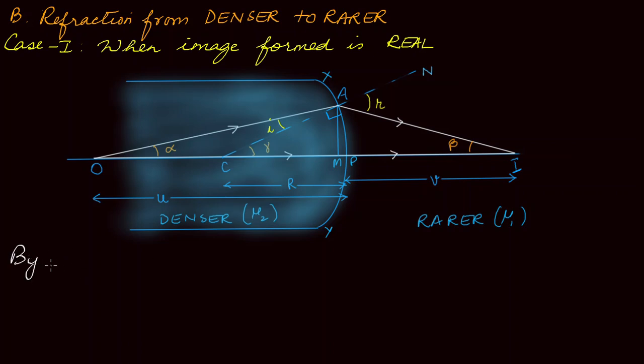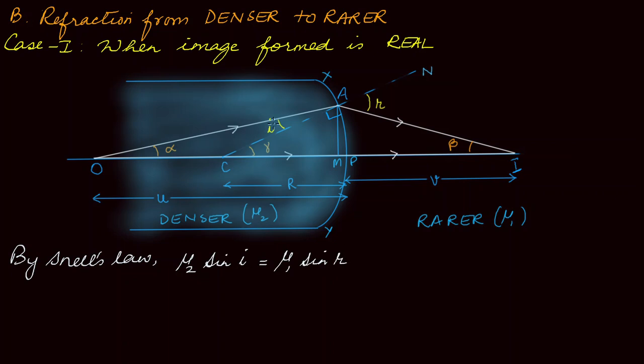By Snell's law, this will be mu2 sine I is equal to mu1 sine R. I think you remember why?